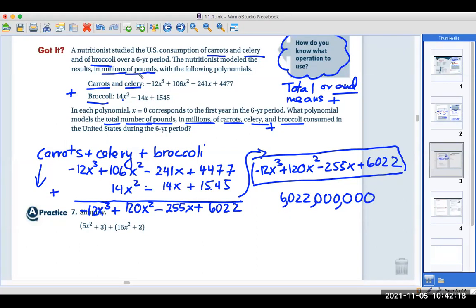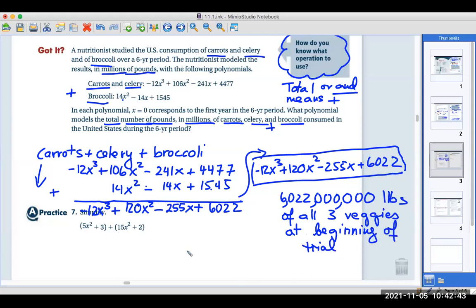Remember, millions of pounds of all 3 veggies at the beginning of, let's call it, a trial. Sometimes they call it a trial when they collect data. So that's really over 6 billion pounds of all 3 in the United States in a year.